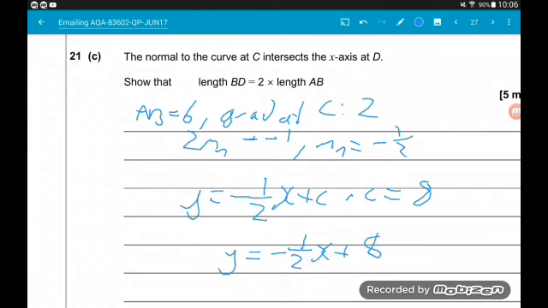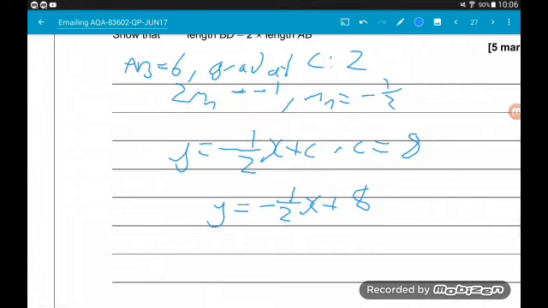Now, we want to find the point where this line crosses the x-axis. Everywhere on the x-axis, y is equal to 0. So, we substitute in y equals 0. So we get 0 is minus 1 half x plus 8.